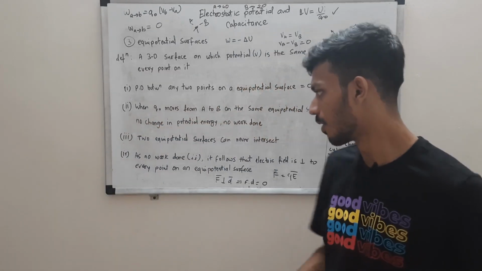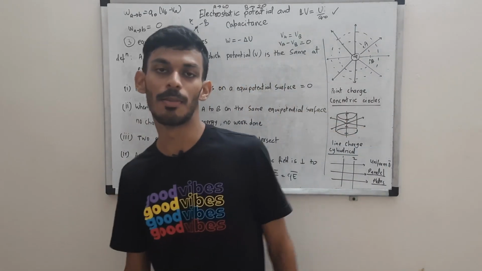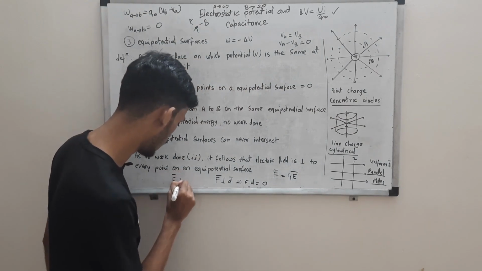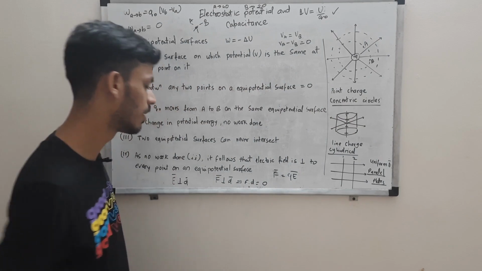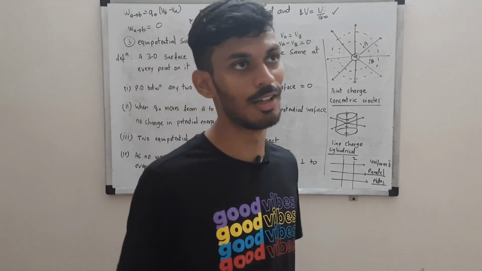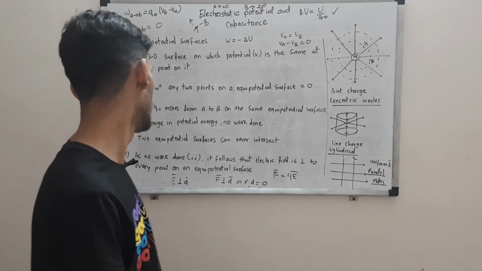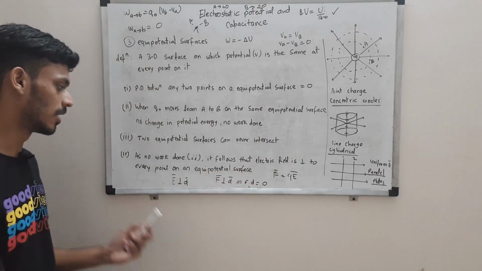So the electric field is perpendicular to D, and this D is nothing but the distance along your equipotential surface, right? So the electric field is perpendicular to every point on the equipotential surface.